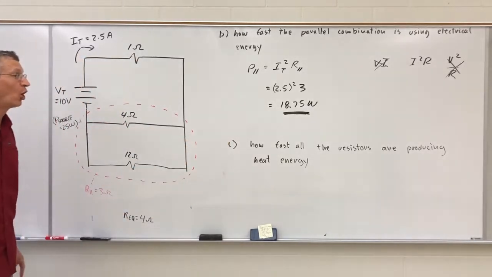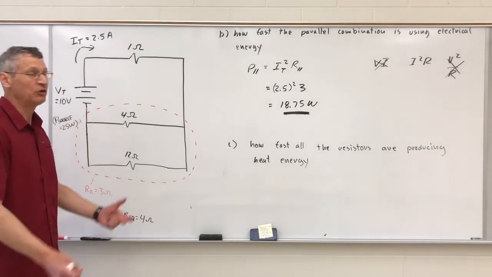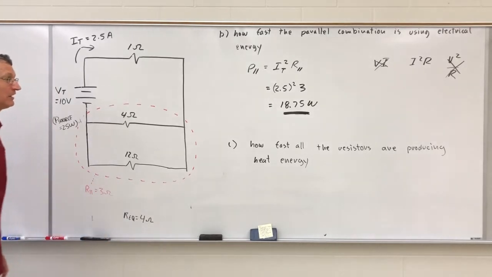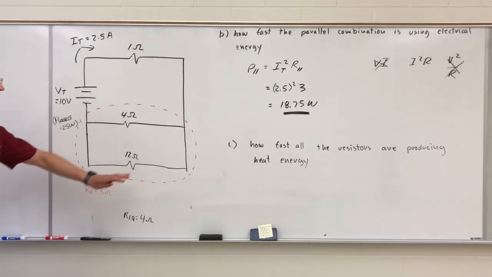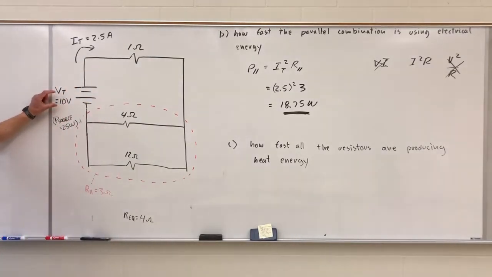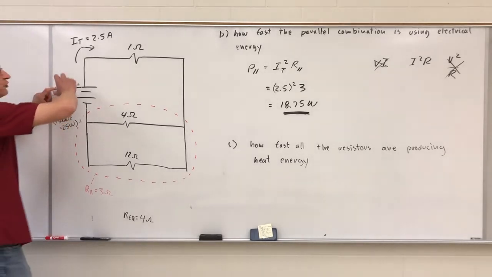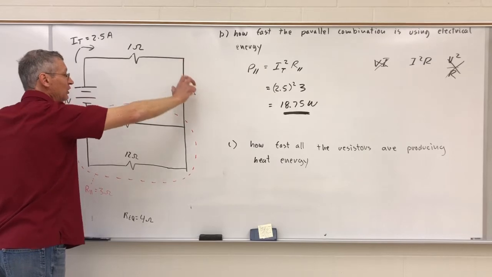How fast all the resistors are producing heat energy. You know what? You can probably do this without any calculation whatsoever. Everything you calculated, you actually calculated before. Think about this. The source is producing electrical energy, and all the resistors are taking that electrical energy and turning it into heat energy.